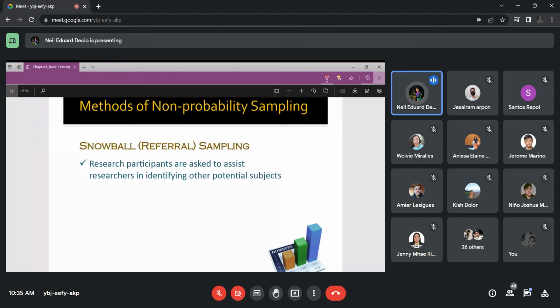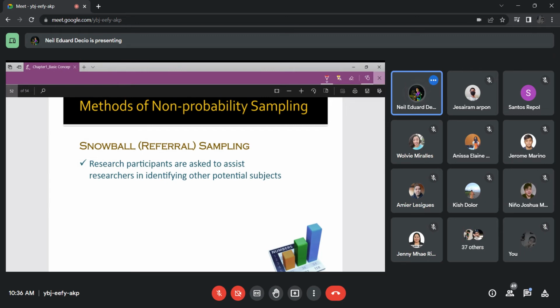It is a sensitive topic, especially since people who use drugs were being killed, so no one will admit to using drugs. But if one can say that they know someone who uses drugs, then after you obtain information from that person, you ask, do you know anyone else? He or she will be the one to tell you who your next respondents will be.